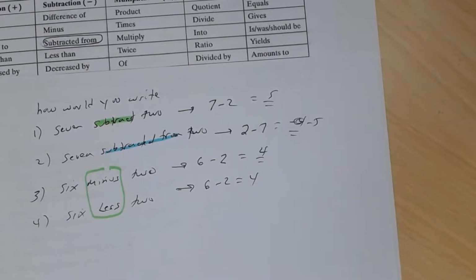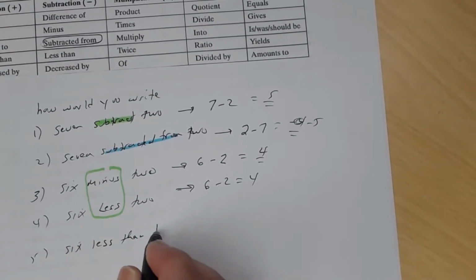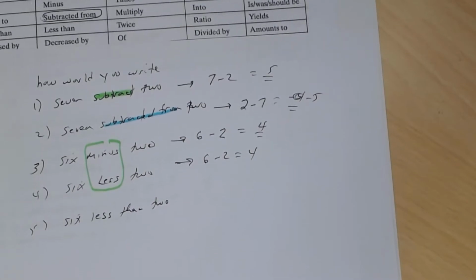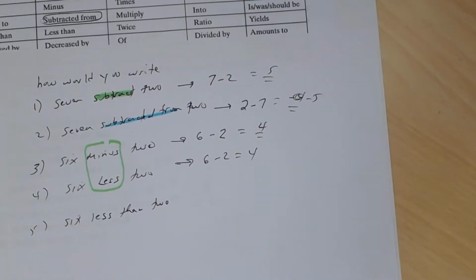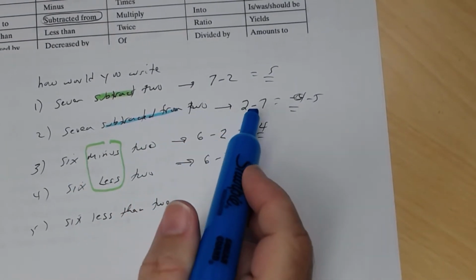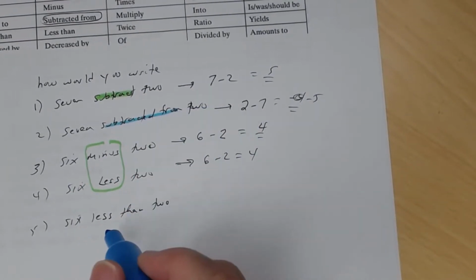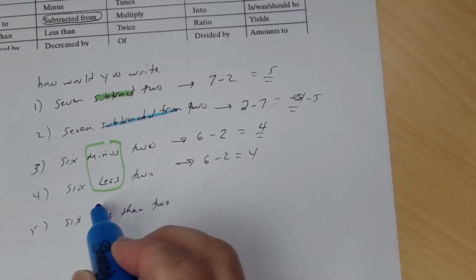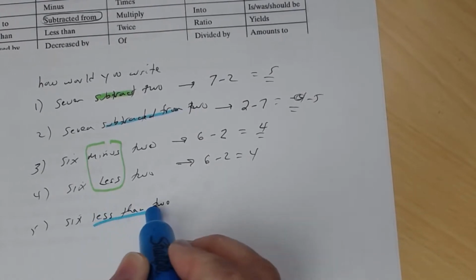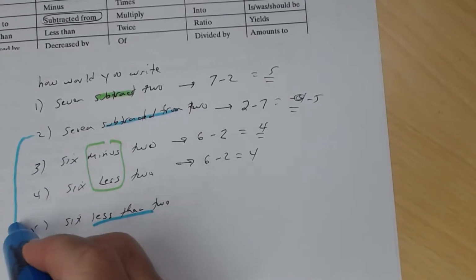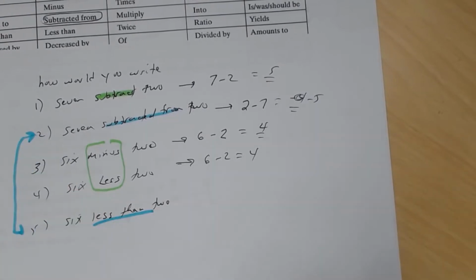Now what if I had 6 less than 2? So what I want you to start thinking about is this. Remember the words subtract from, how you write it. So you kind of write it backwards. The same thing is true for less than. So these two right here, you're going to write backwards.